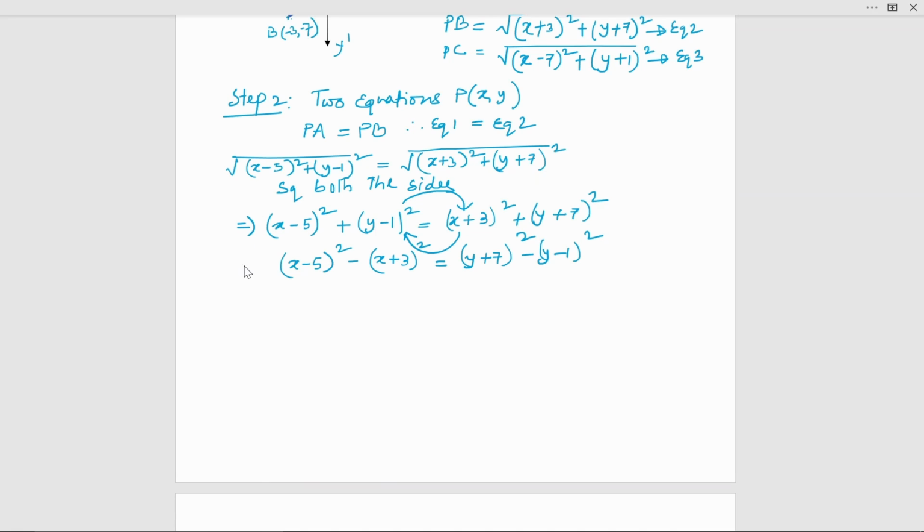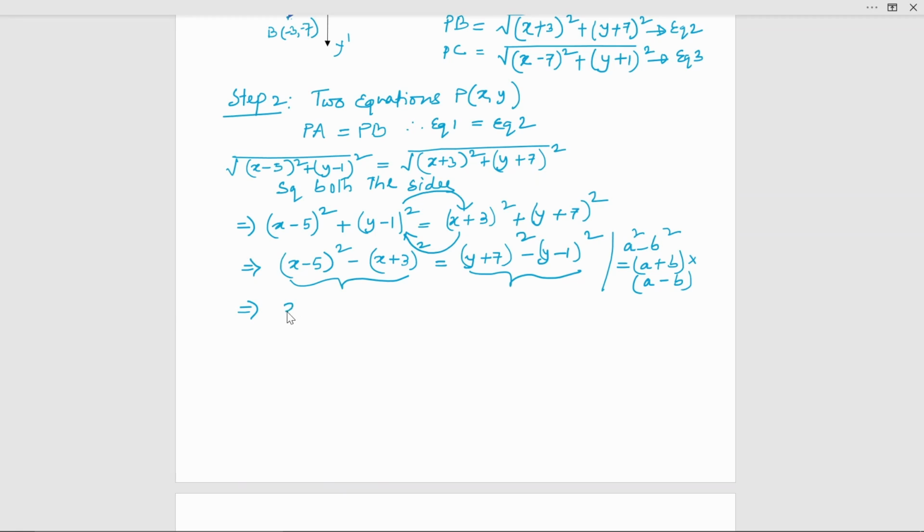So both sides take the form of a² − b². What is a² − b²? From our elementary maths, we know a² − b² gives (a + b)(a − b). So we will apply this on both sides, and what we'll get?